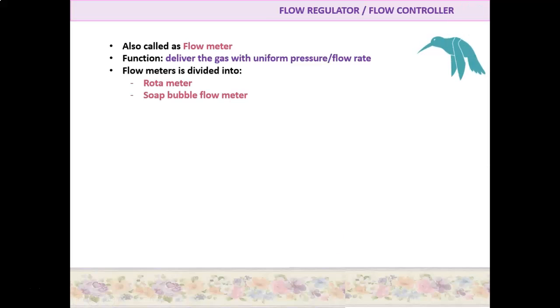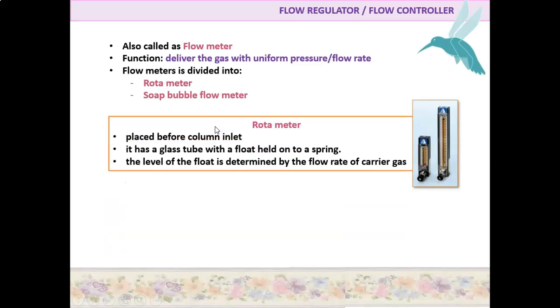Next, we proceed with the flow regulator or flow controller of the gas. It is also known as a flow meter. The function of the flow meter is to deliver the gas with uniform pressure or flow rate. Flow meters are divided into rotameter and soap bubble flow meter. The rotameter, as displayed in this figure, is placed before the column inlet.